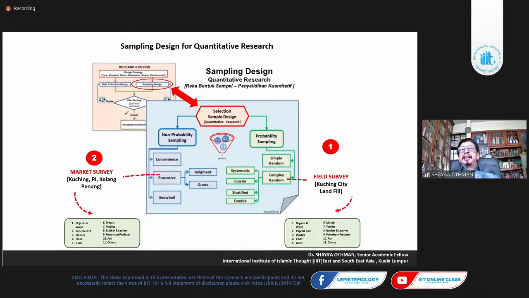But in any case, when there is no sample frame, when you don't have the list of people to interview, what do you do? So they use this one, cluster.